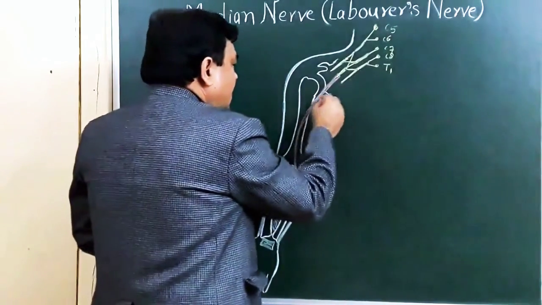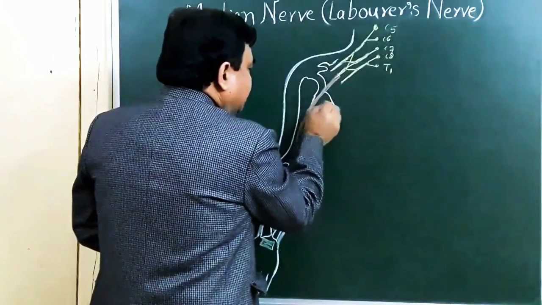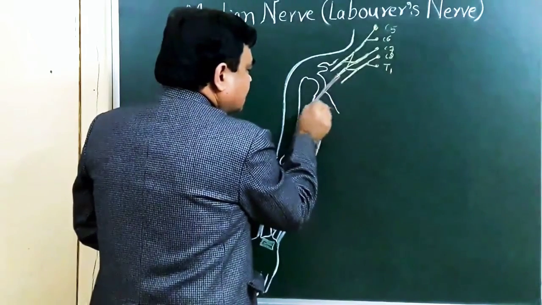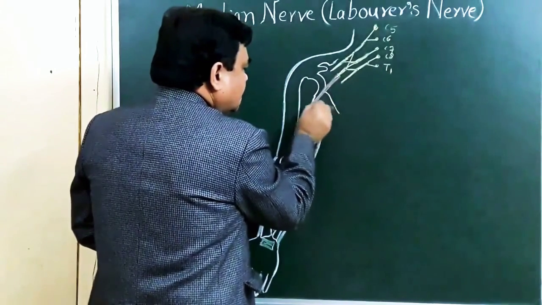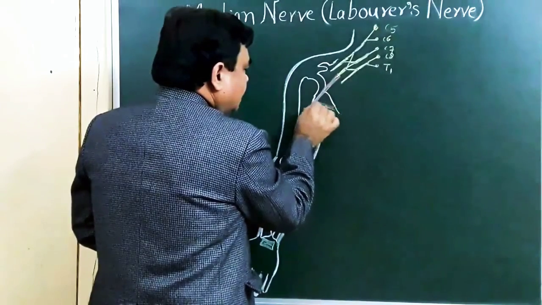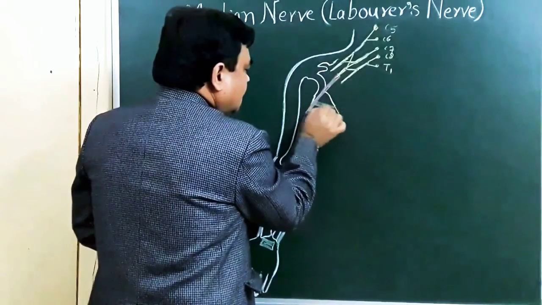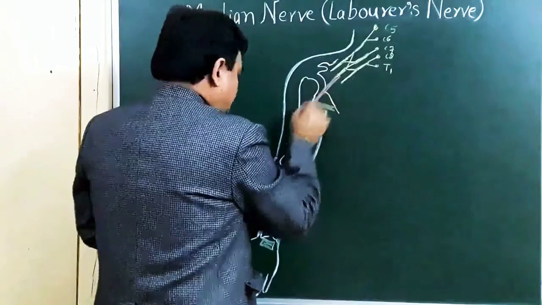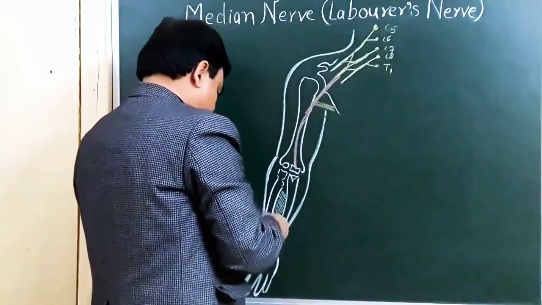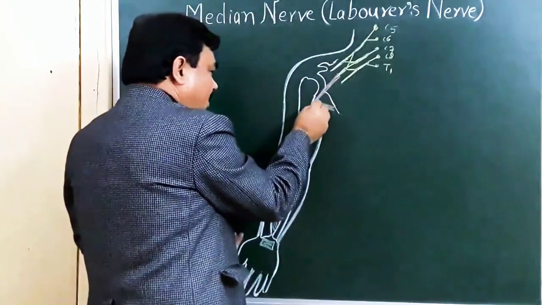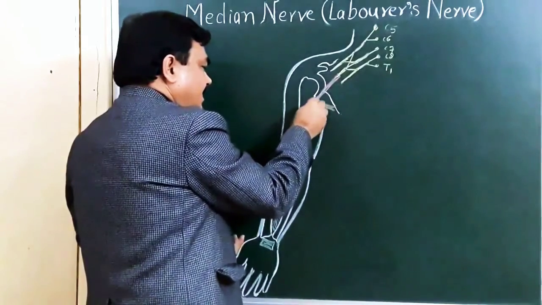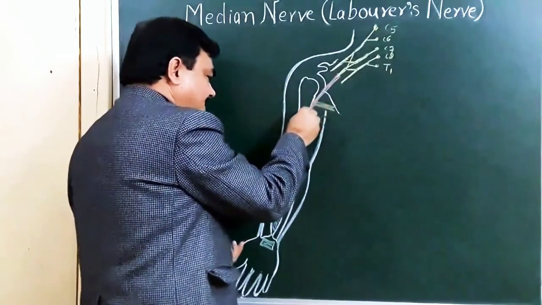Here is the lower border of teres major. From the lower border of teres major, it continues as the brachial artery.